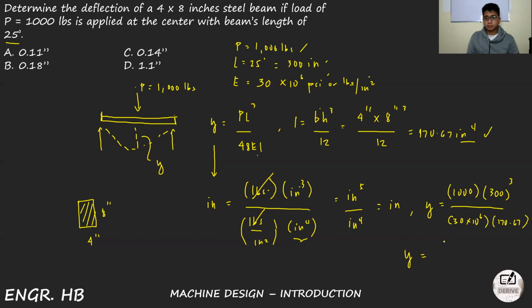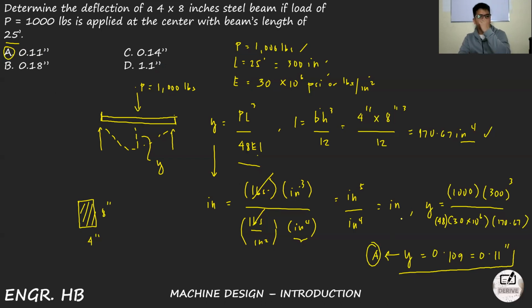That was PL cubed over 48. We still have the 48 here, because the formula is PL cubed over 48EI. Divided by 48, our final answer is 0.109, approximately 0.11 inches. So we have this 0.11 for letter A.